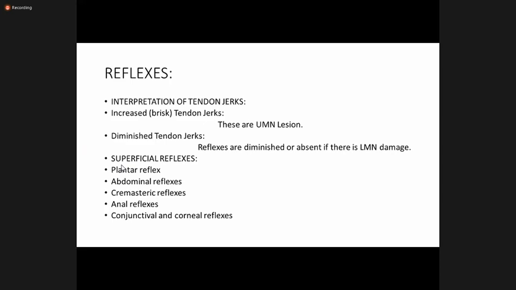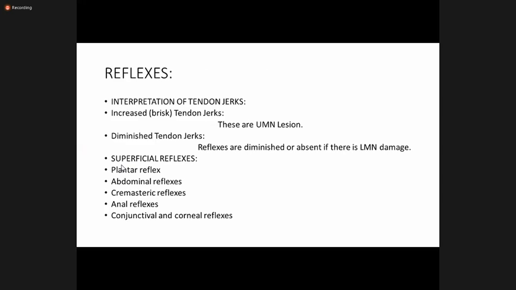So if you find the reflexes are diminished and power is reduced, you must explain to the examiner that it could be a lower motor neuron lesion. Brisk reflexes and positive clonus are a sign of an upper motor neuron lesion.